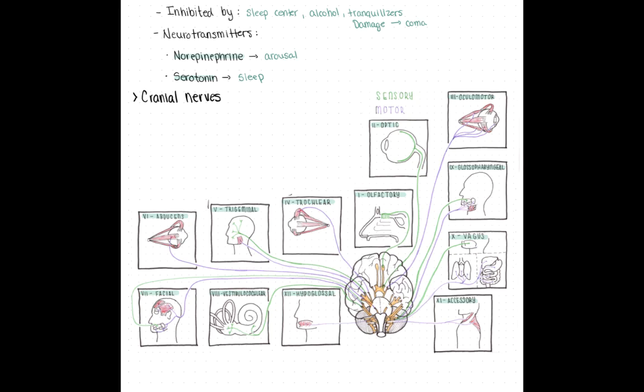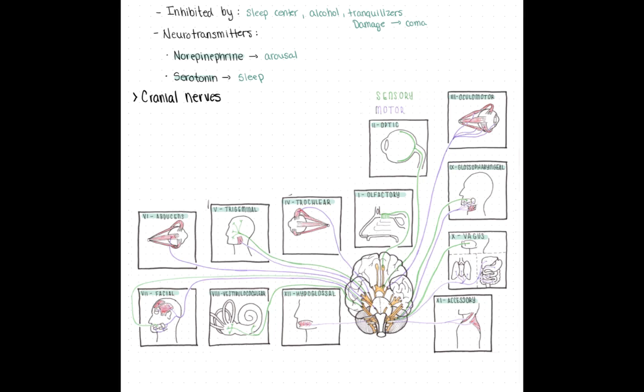This is information for smell. As an example of how to fill in your lecture notes, you would say this carries sensory information, and its function is information about smell. It goes to the brain, to the olfactory center in the cortex, to be interpreted.